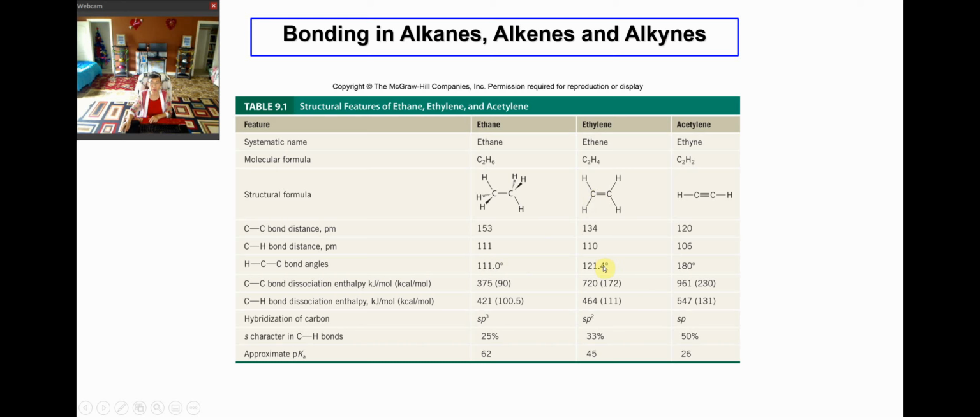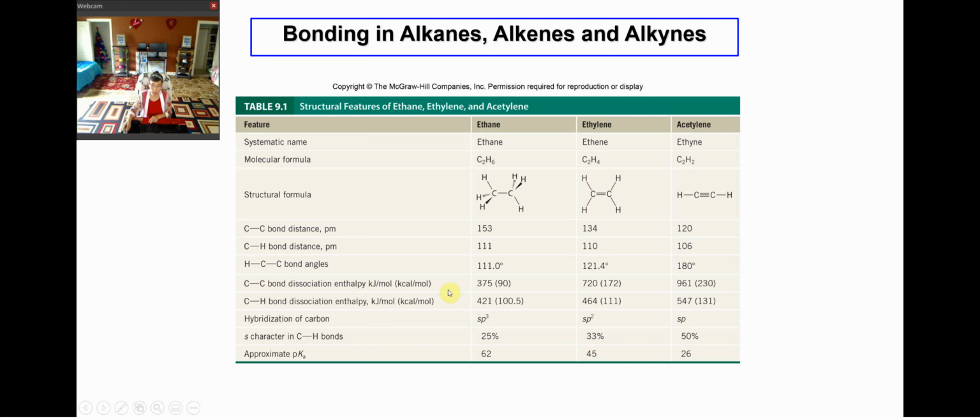In ethylene, the angles are bigger than 120, which is similar to a trigonal planar structure. For the carbon triple bond, because it's a straight line, a linear structure, you are going to see 180 degrees.